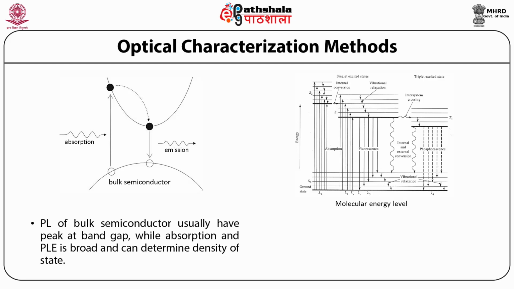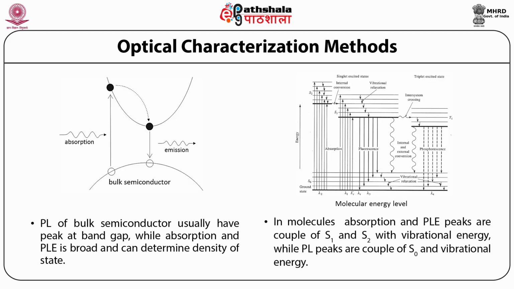This is showing the exchange between the energy levels occurring in the molecules: absorption and photoluminescence emission peaks are coupled of S1 and S2, which are shown over here, with the vibrational energy, while PL peaks are the couple of S0 and vibrational energy.